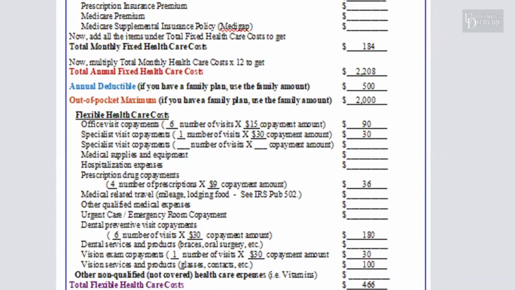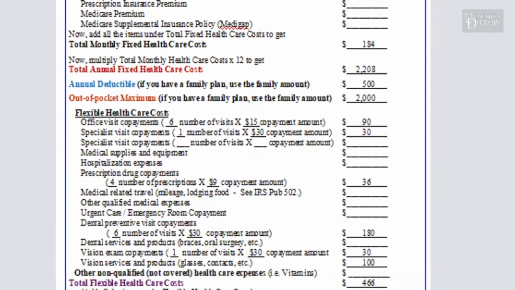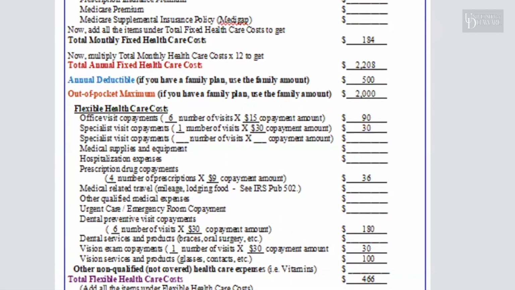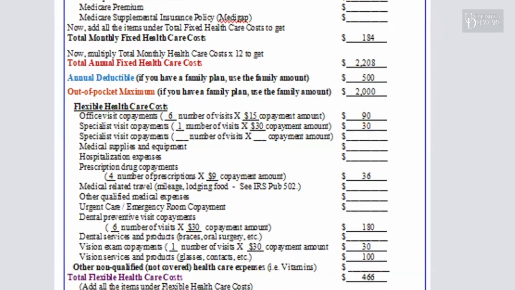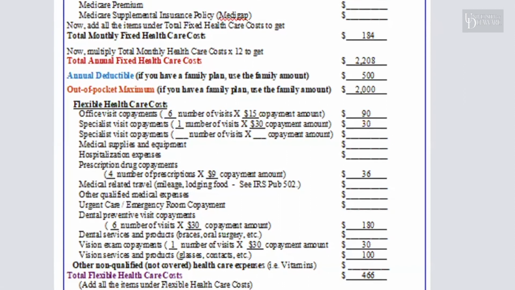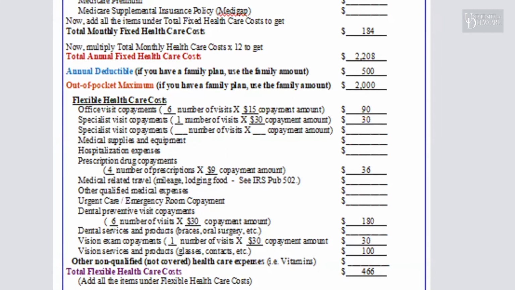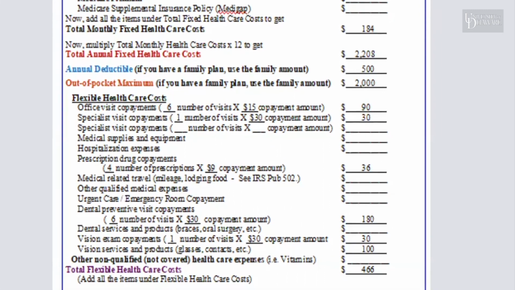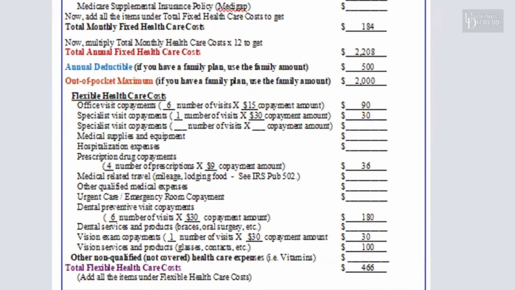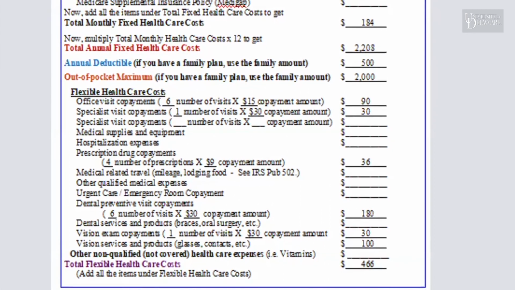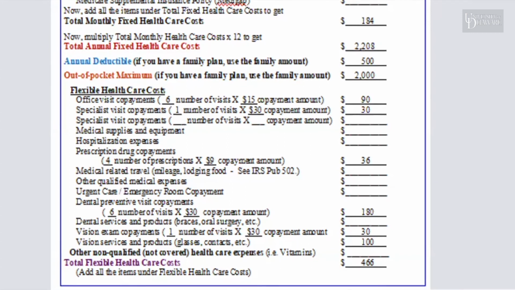Prescription drug cost is 4 times $9, which is $36. Dental visits: they had 6 dental visits at $30, so there's $180 for dental. Vision: 1 specialist visit at $30 and glasses for $100. So total flexible healthcare costs adds up to $466.